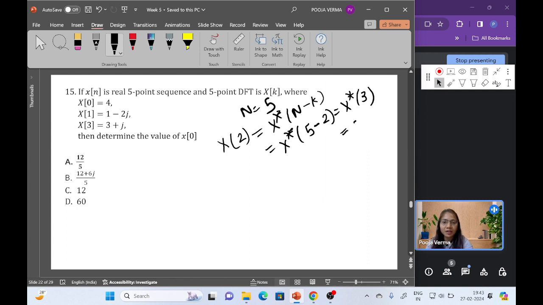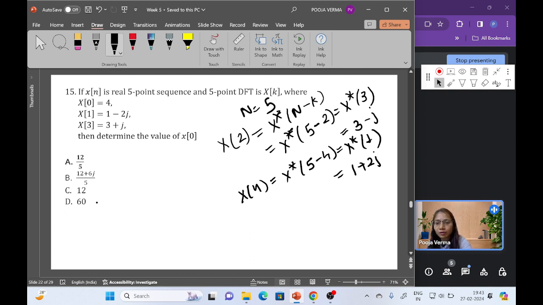So we will get 3 minus j. Similarly, for X of 4, X conjugate of 5 minus 4, we will get X conjugate of 1. X of 1 is 1 minus 2j, so we will get 1 plus 2j.